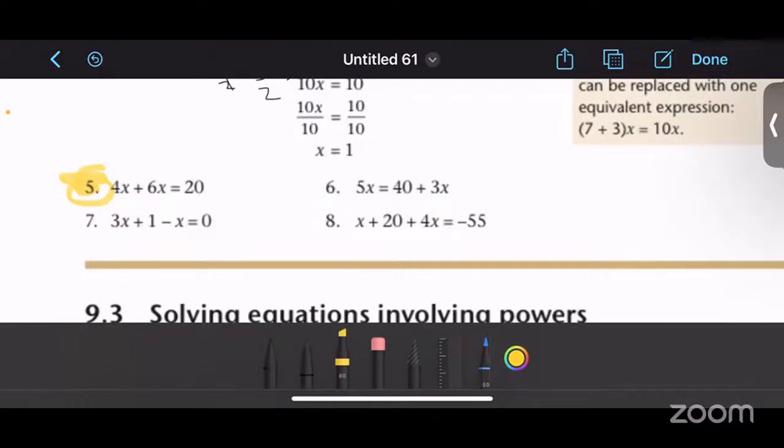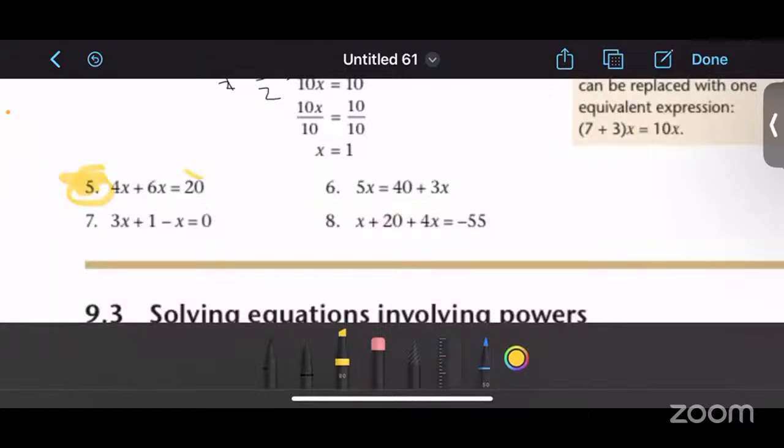So that means we have to make sure that whatever we do for that term, we have to do for all the terms in the equation, right? So we're going to divide the 10x by 10, and we're going to divide this 20 that you see over here by 10, right?